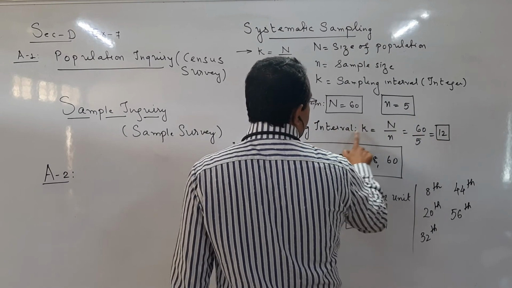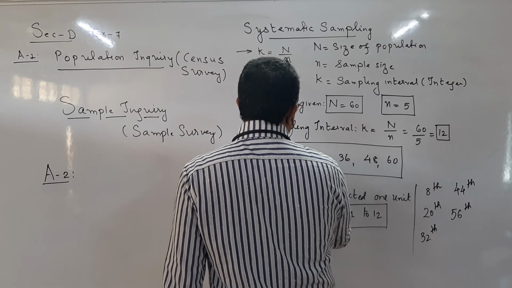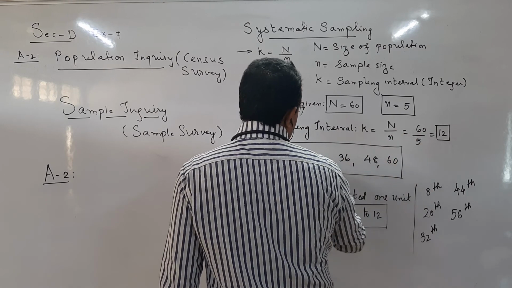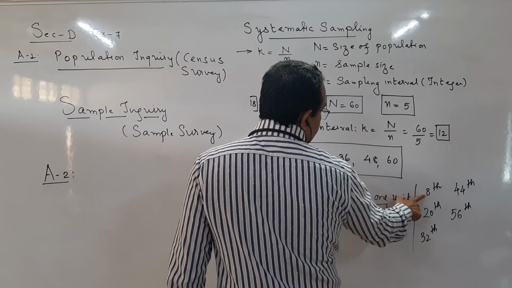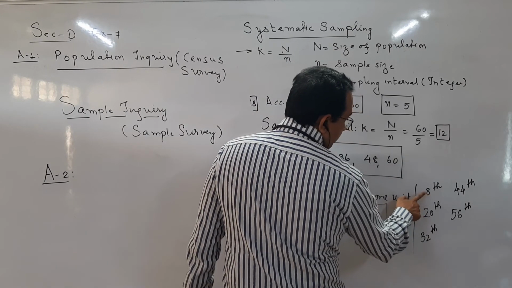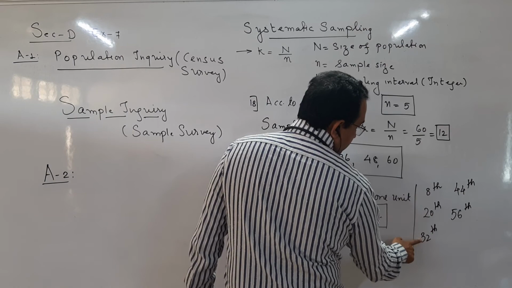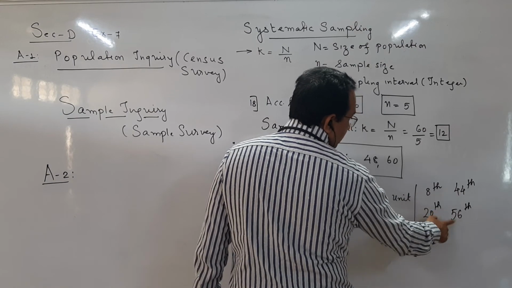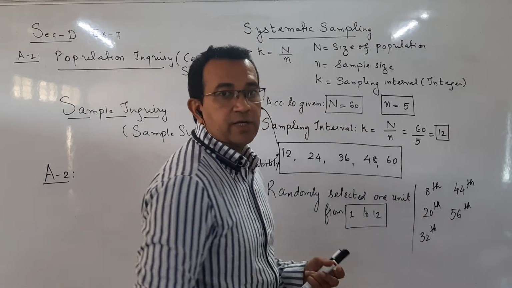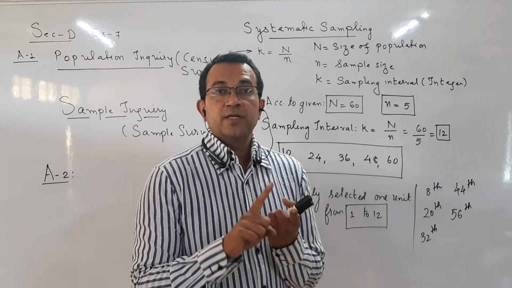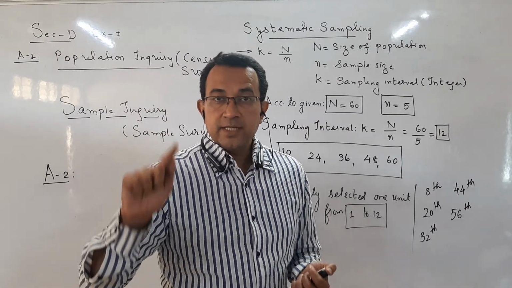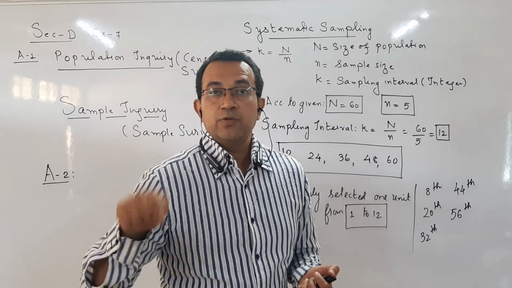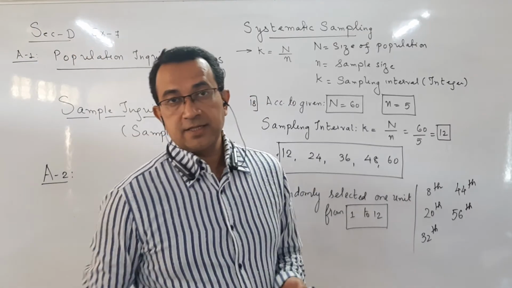The easiest way: take the first unit as 12, then at a gap of 12, so 24, 36, 48 and 60. Suppose I take 8, then at a gap of 12: 8 plus 12 is 20, plus 12 is 32, plus 12 is 44, plus 12 is 56. Suppose I had taken the 5th unit, then 5 plus 12, the second unit will be 17, then 17 plus 12, 29. But the gap should be 12.